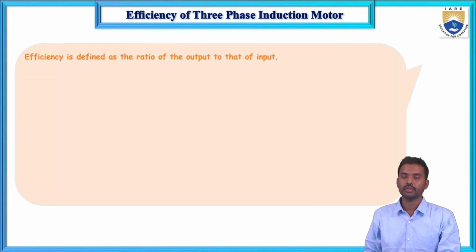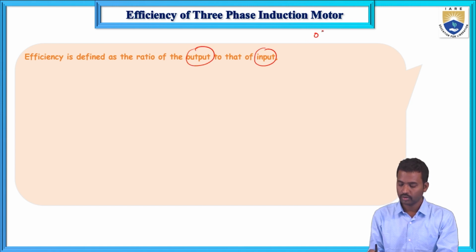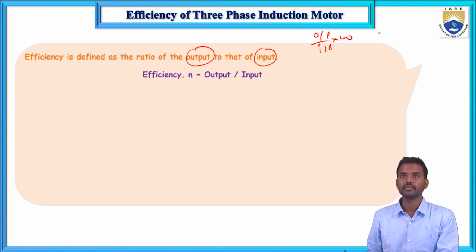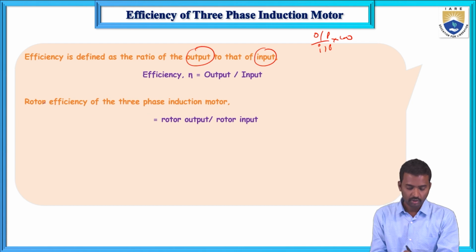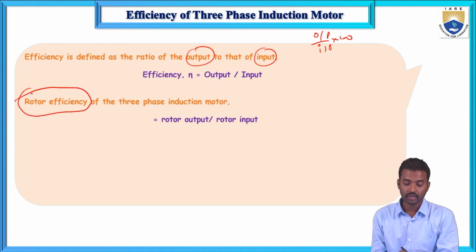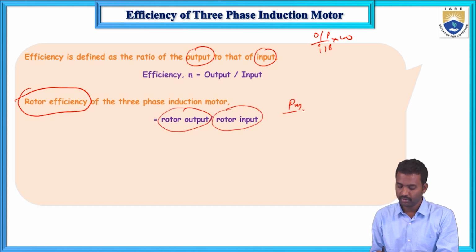Now the final one. Efficiency is defined as the ratio of output to input, output by input into 100. Efficiency is represented with eta. The efficiency of the rotor of a three-phase induction motor is the rotor output by the rotor input, which is PM divided by P2. This is only for the rotor, not for the entire machine.